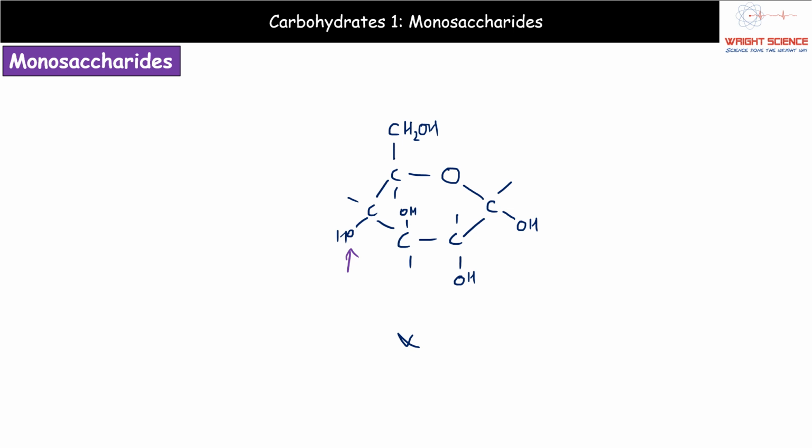Once we've done that, any of the spare bonds, just stick a hydrogen on it. There we go, and don't forget the one in the middle there. Job done. If we were doing beta glucose, we'd do exactly the same thing, but we would have these two flipped. So practice. That is the best thing you can do to be able to draw your alpha and beta glucose perfectly every time.